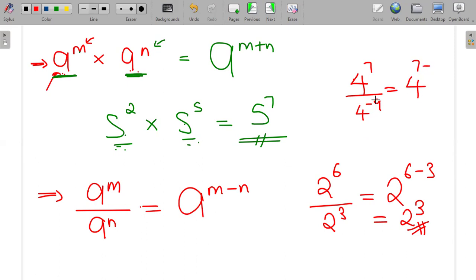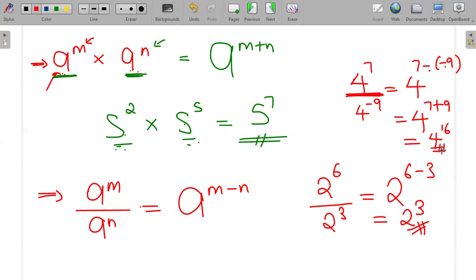This minus here is because I'm dividing these things; it's not the minus on the 9. So the minus 9, you put it in brackets like this. That would be the same as 4, 7 plus 9, because negative and negative give me a positive, and that will just be 4 to the power 16. So that's what we have there.